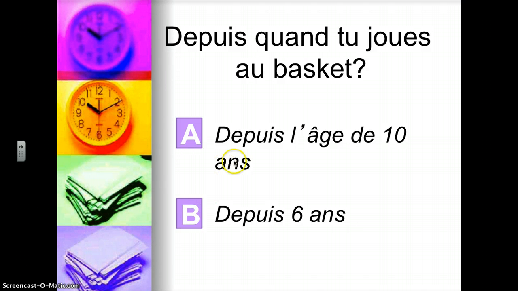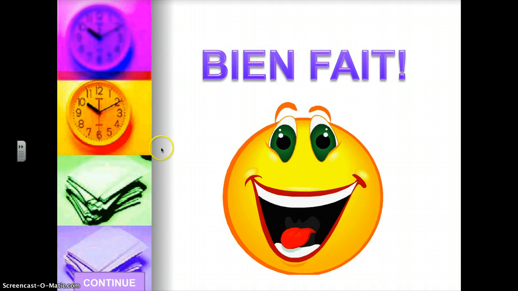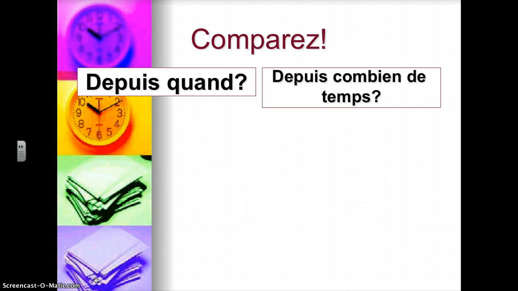And the answer, this is tough. What is the difference between the age of 10 years and 6 years? 6 years, this is a length of time. Whereas up here, the age of 10 years old is a very specific point in time. It's when I turned 10 or the year that I was 10. That's when exactly precisely I started. So that's why that would be our correct answer.